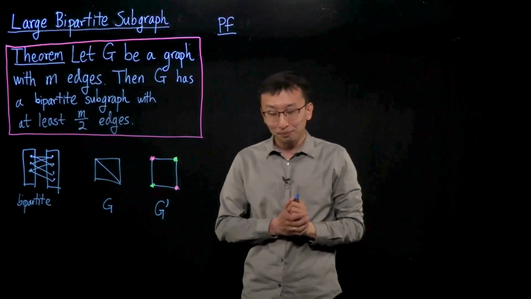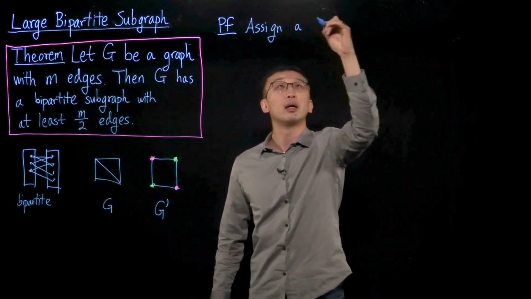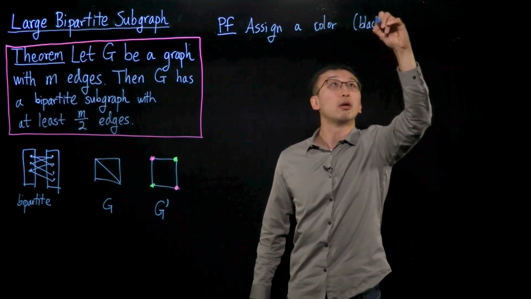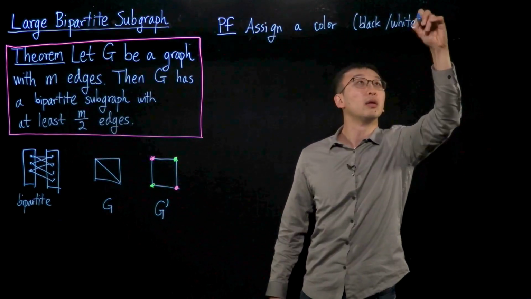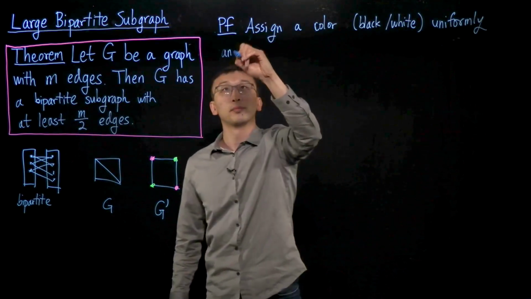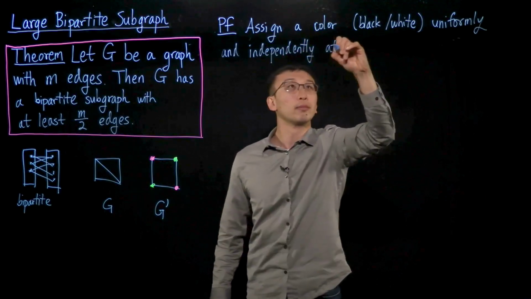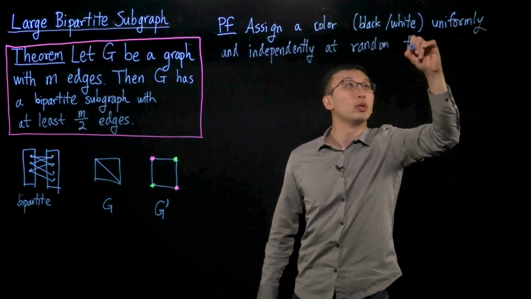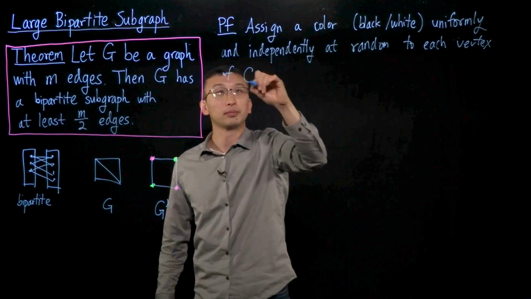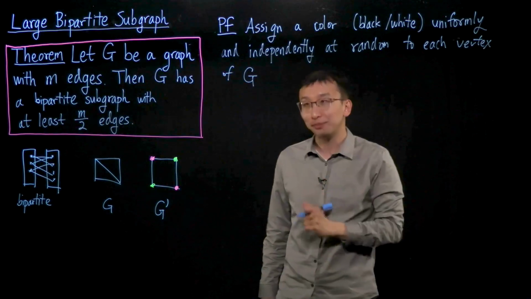So we're given this graph G. And what we'll do is assign a color, which will be either black or white, uniformly and independently at random to each vertex of the graph G. So imagine flipping a coin for each vertex and coloring each vertex black or white.